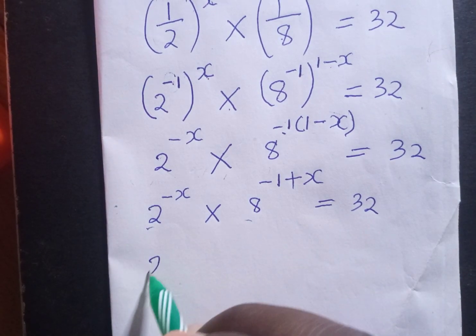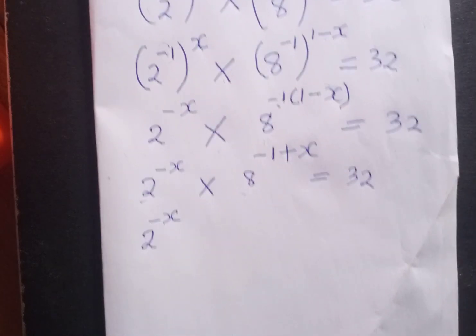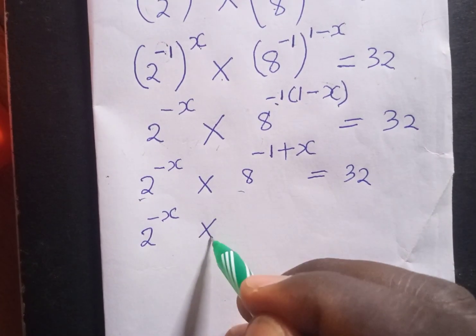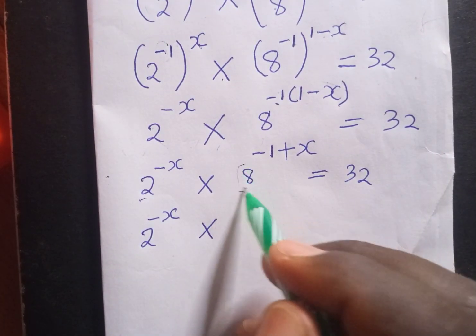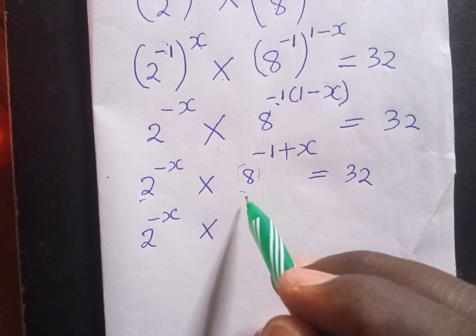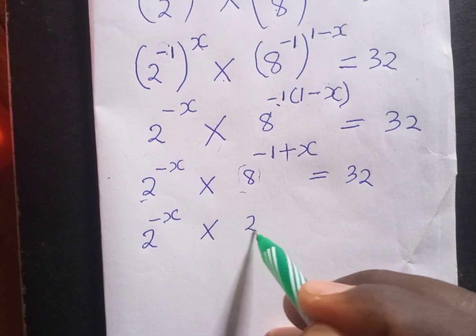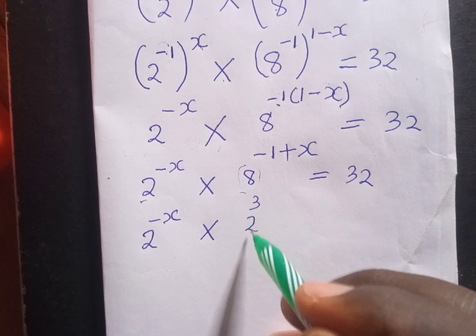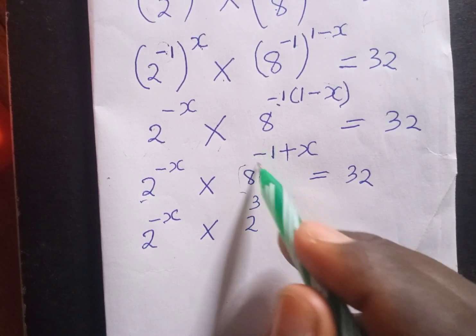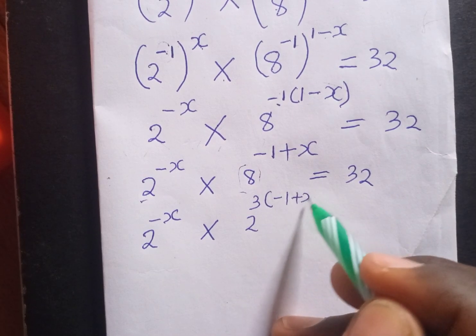Now, we can ensure that all the bases are the same. So we shall have 2 raised to negative x, then times, we can write 8 as a base of 2. 2 raised to 3 is 8. Then we have also this power, which is negative 1 plus x.